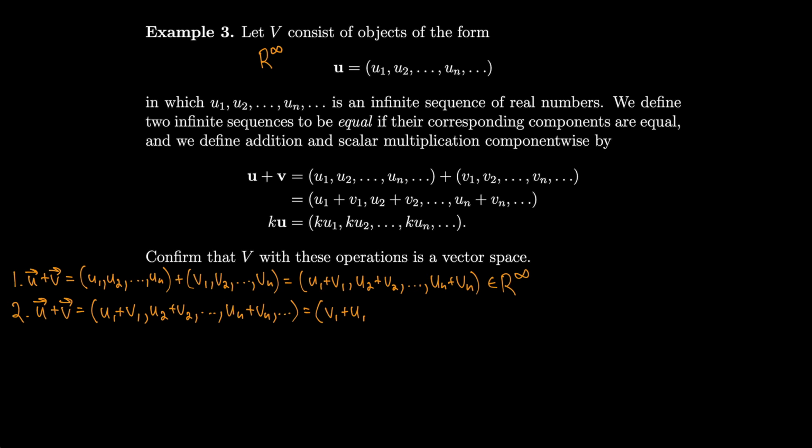We already know it's commutative. So we can just swap those. So I'm swapping all the v's and u's. And that's just the same thing as if I took all of the v's and wrote them as their own sequence, and I added that to the sequence of all of the u's.